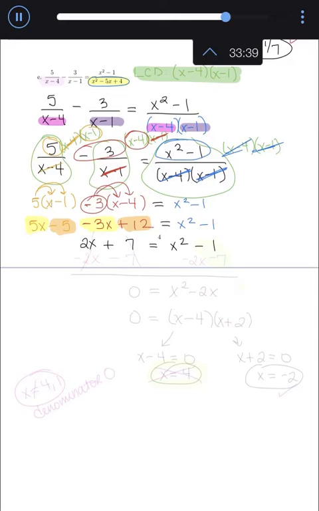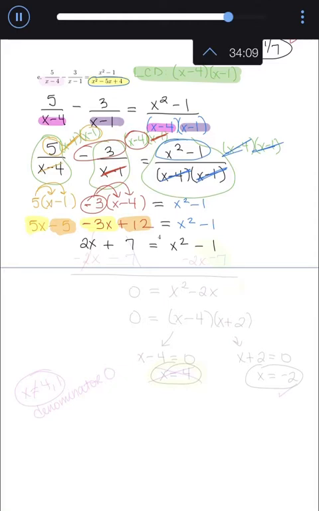Now notice we have a quadratic equation. How do we solve a quadratic equation? Well, it needs to be on one side of the equation so that the other side is a 0. So what I need to do is move the 2x and the 7 over to the right-hand side with the x squared and the 1.